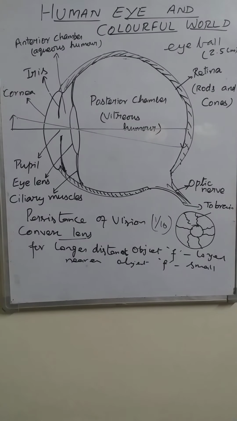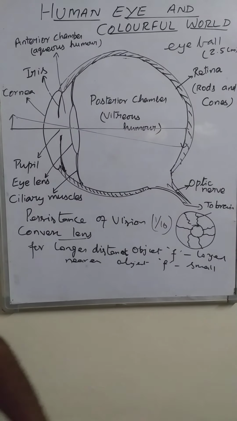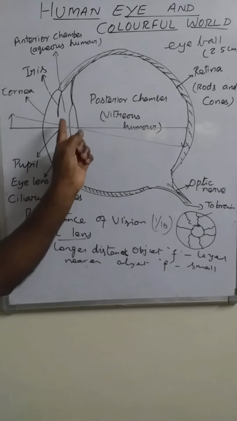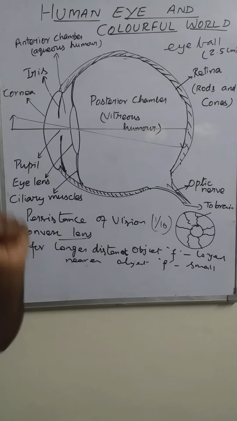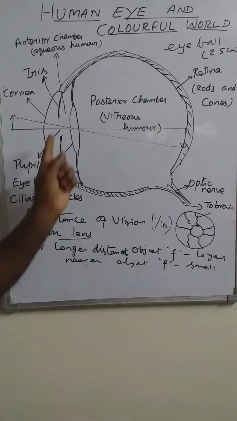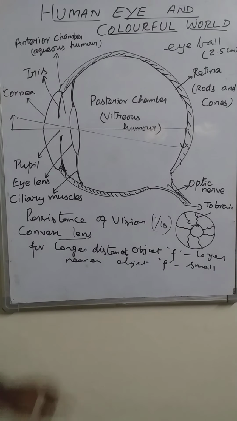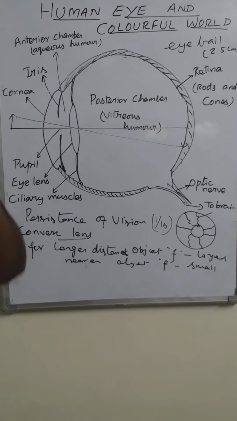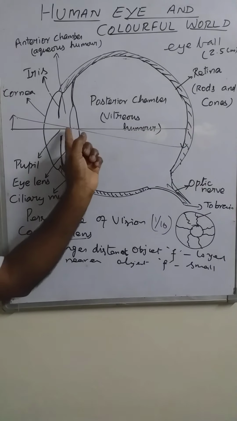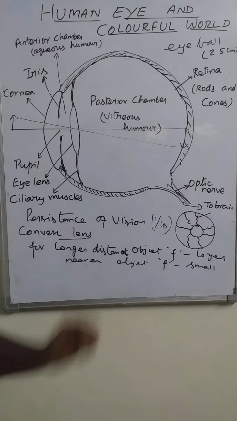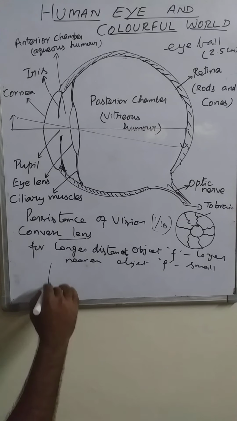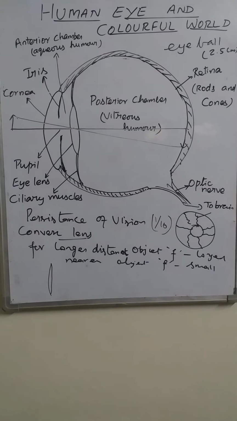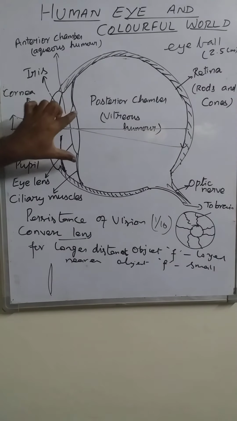Whenever we see a longer distant object, the focal length of the eye lens increases. In that case, the ciliary muscles get relaxed. When the ciliary muscles relax, the focal length of the lens increases and the lens becomes thinner.